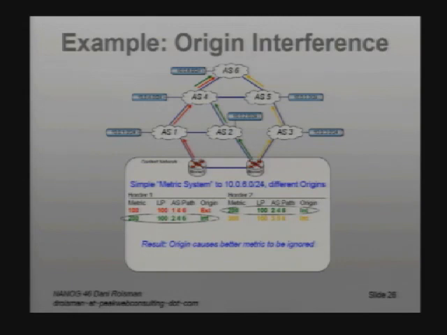And AS2 and AS3 were telling us origin INT. Well, it turns out that INT, internal, is preferred over external, which is preferred over unknown. Because origin is compared first, it actually interfered with our ability to route based on the metric value. And in fact, the AS2 path is selected even though its metric is 200.